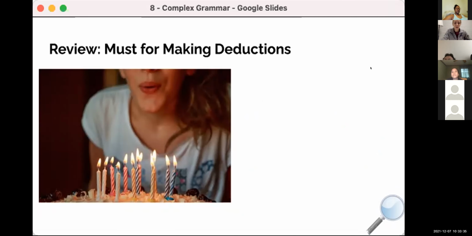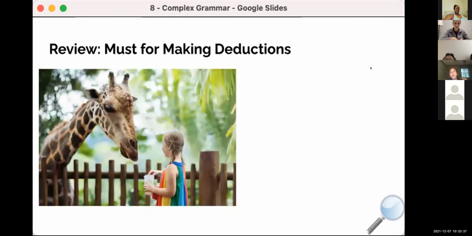All right, let's look at one more for making deductions. She must be in a zoo. She must be feeding a giraffe. Who is she feeding? I suddenly forget the name.